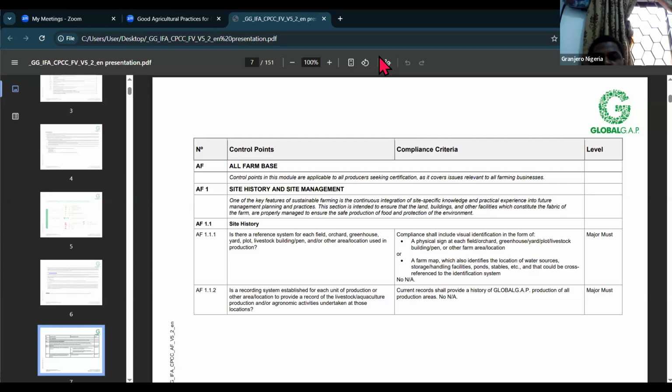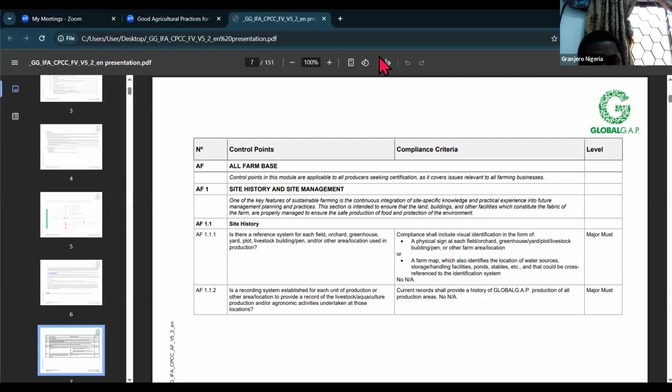I'm showing all of this to help us understand some of the documents that are expected of you, and probably how to organize them and put them in order, for us to have a more structured farm. So one of the things we have to understand is how to keep a record when it comes to site history and site management.